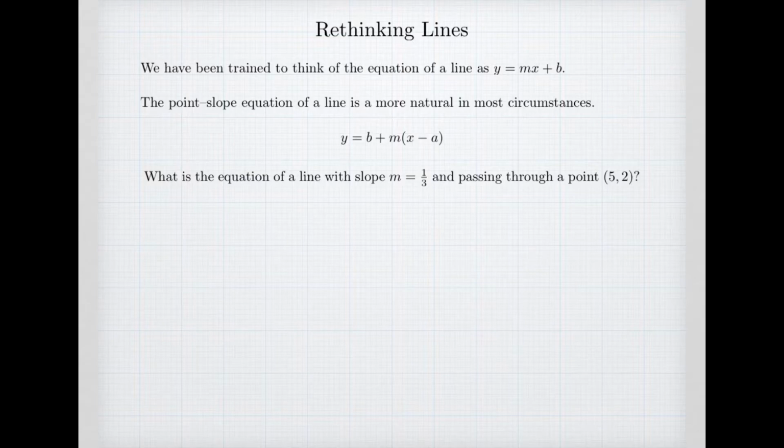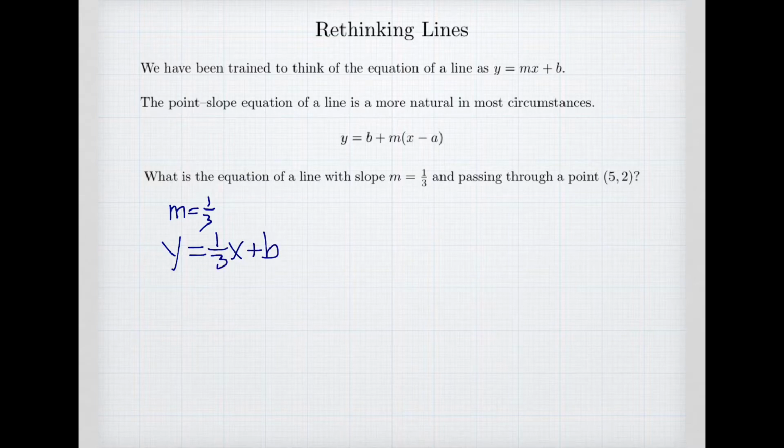So we're going to find the equation of a line with a slope of a third, and it passes through the point (5, 2). And remember the way that we talked about in class, to find an equation of a line like that, using y equals mx plus b, we would say, all right, we know the slope is a third, and so that tells me my equation is 1/3 x plus b.